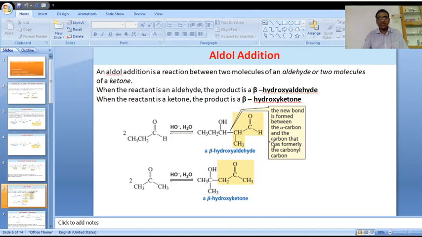In the formation of the product, this product generally contains an aldehydic functional group and an alcoholic functional group. Based on this product, the reaction is called the aldol addition reaction.